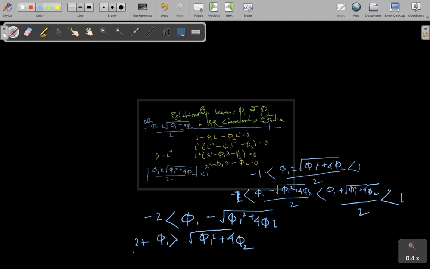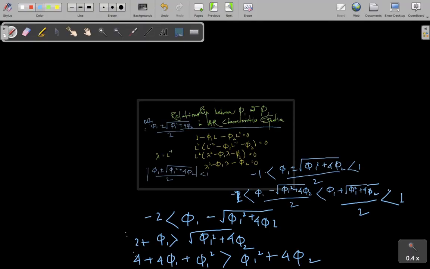Now I take square of both sides, so what I'll get is 4 plus 4 phi 1 plus phi 1 square is greater than phi 1 square plus 4 phi 2, which means phi 1 square gets cancelled, and then you have 4 on all the terms, so you can take 4 as common, so you will have 1 is greater than phi 2 minus phi 1.